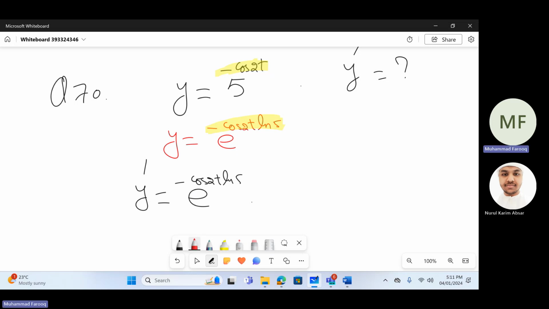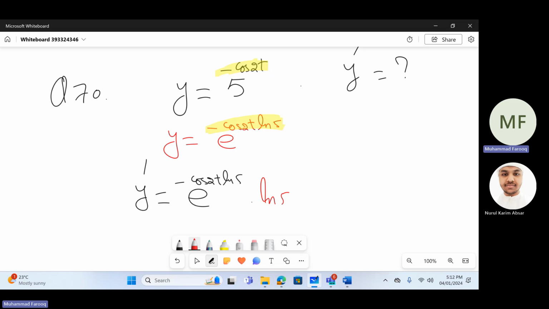No, we don't need a calculator, because ln 5 is a constant. Keep ln 5 as it is, no change. I explained many times: a constant multiplied in a derivative, no change. Just calculate the derivative of minus cosine 2t.